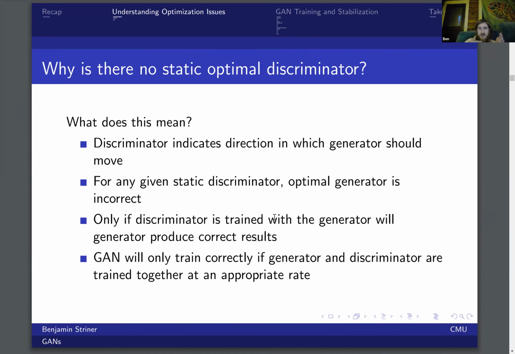And the discriminator will tell it to go more and less until it stops at the point where it is. But what that means is you should think of your discriminator as like the velocity, not the position you want it to be at. So the discriminator is only giving you important information based on where the generator is right now.